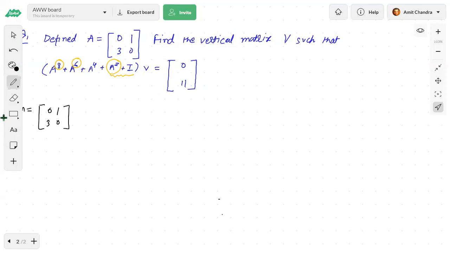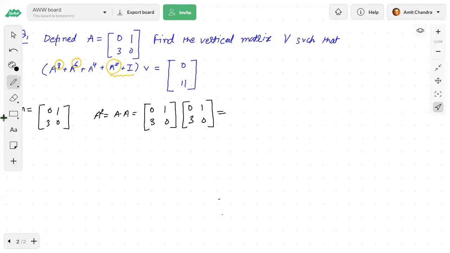Suppose this is A, so A square means A into A. You will multiply this: 0 1 3 0 with 0 1 3 0.